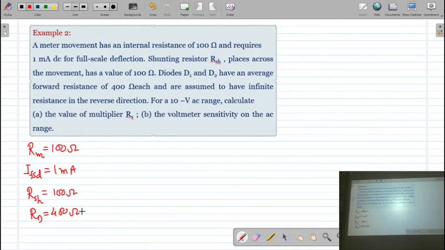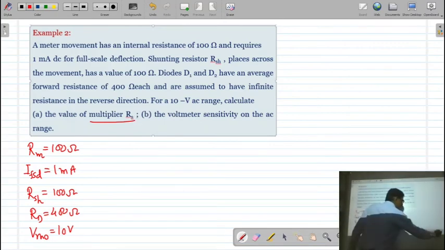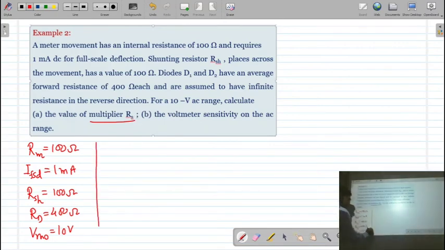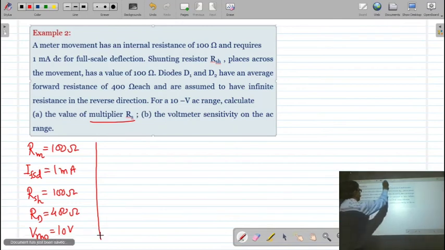For a 10 volt AC range, the Vrms is 10 volt. You have to calculate the multiplier resistance Rs. Correct? So let us consider this. And then you have to calculate the voltmeter sensitivity.